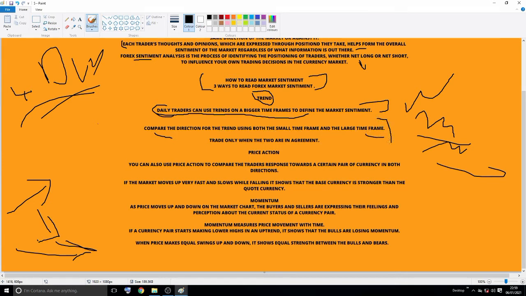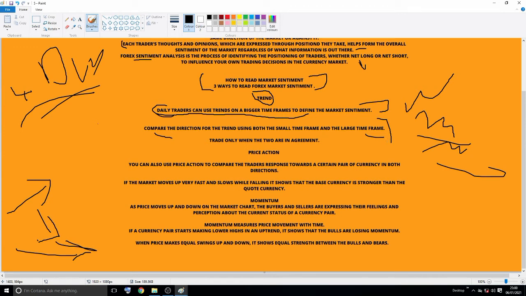Yes, you need to compare the small time frame trend and the large time frame trend, because one selling candlestick on a daily chart can be a full and complete downtrend on a 15-minute candlestick. Let me say this again. One falling candlestick on a daily chart can be a full complete downtrend on a 15-minute or 30-minute chart.